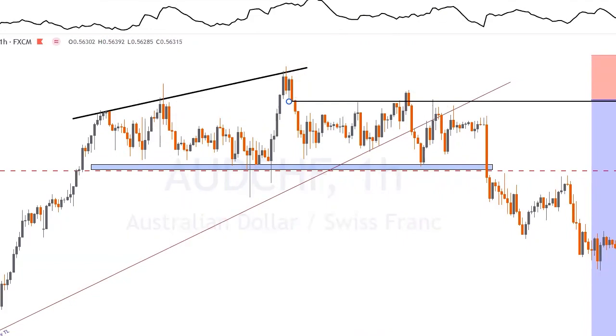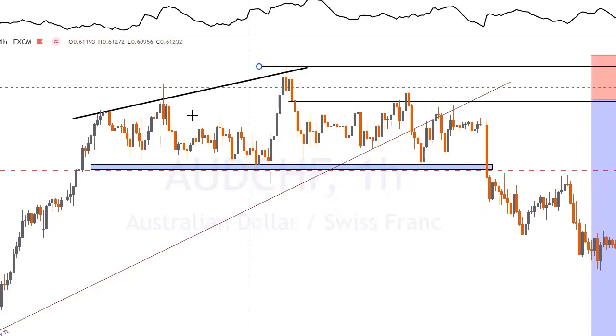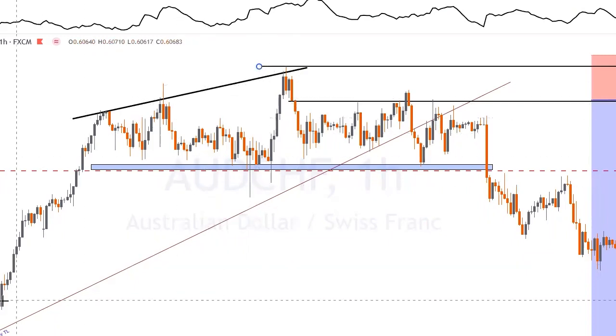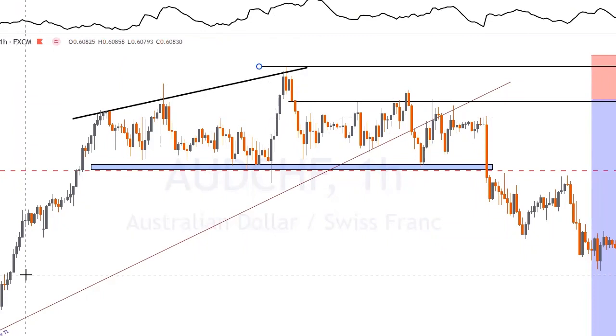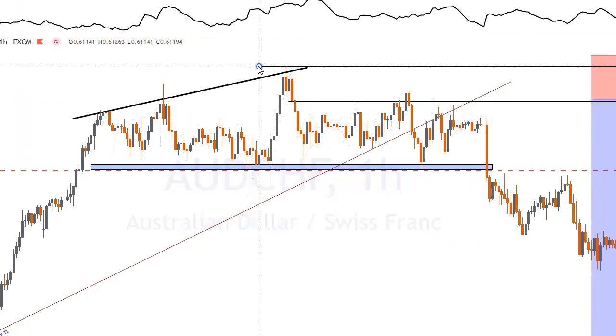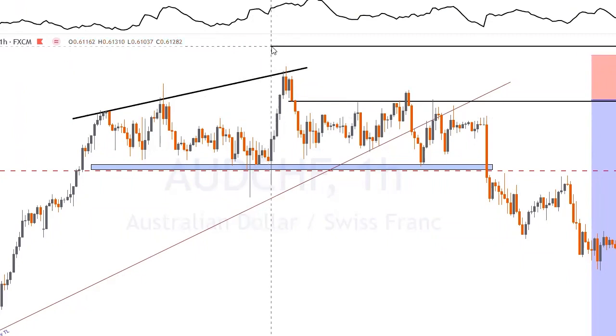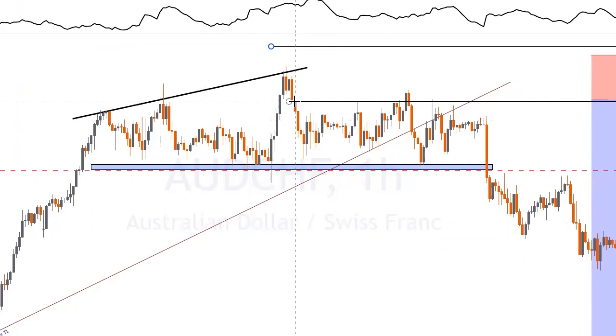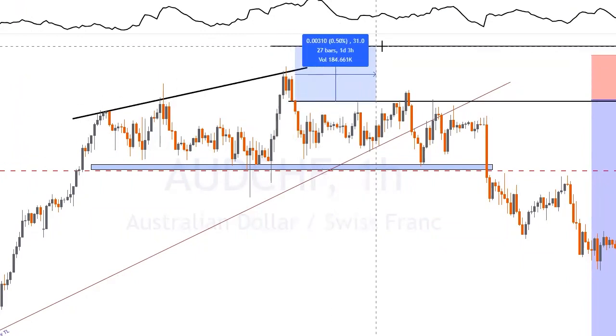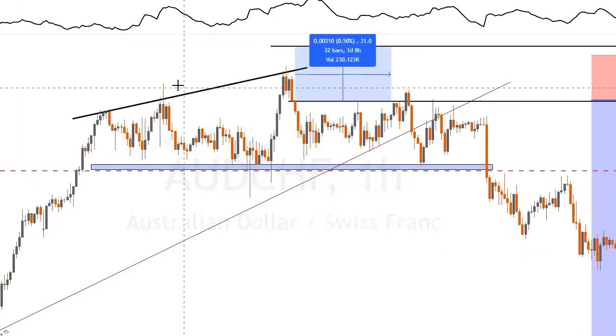If that happens to be my entry, of course, my stop loss goes above the highest point that the market has gone for days, or maybe for weeks. To allow the market room to breathe, I can push it up a little bit. Then I take my measuring tool, I measure it, and I realize this is like 31. I can make it 30 pips.